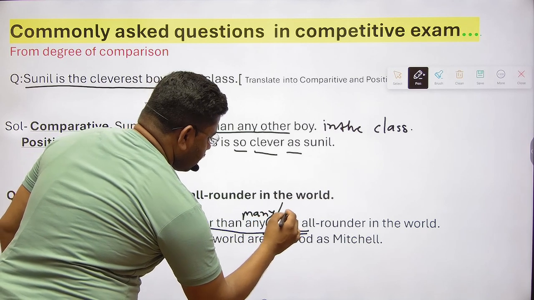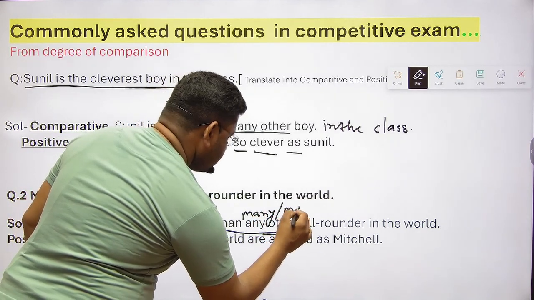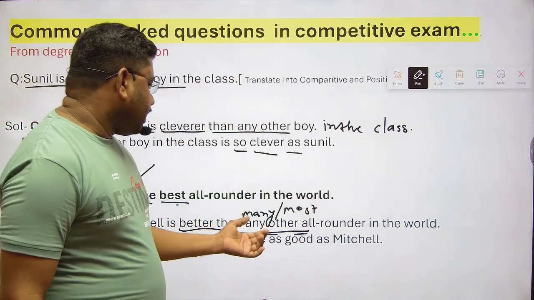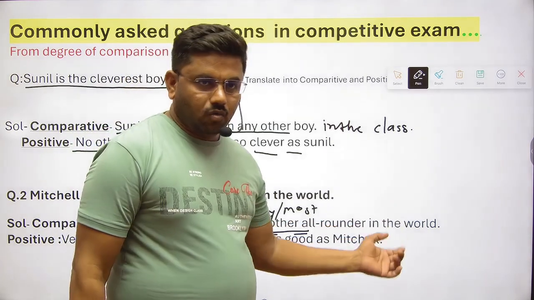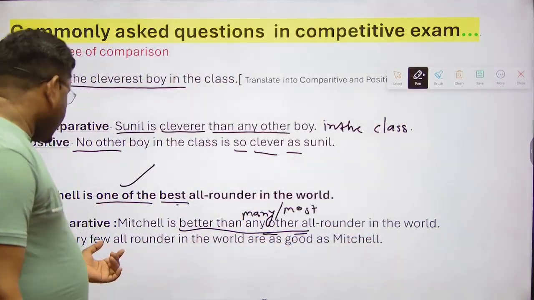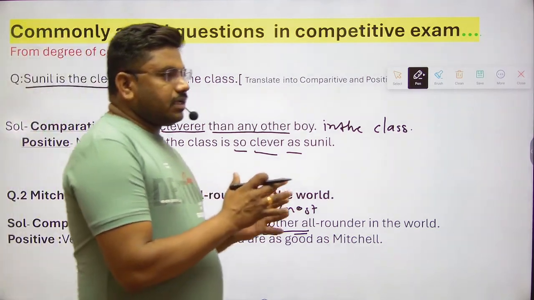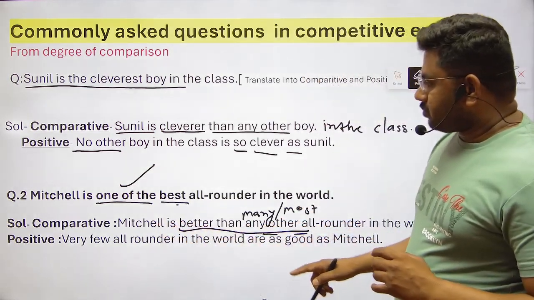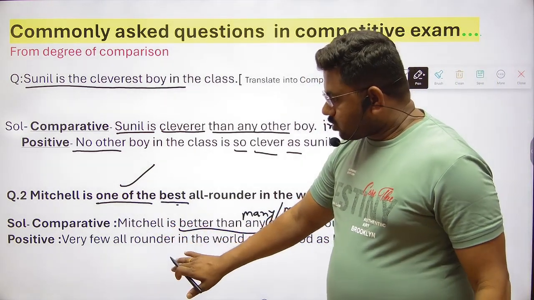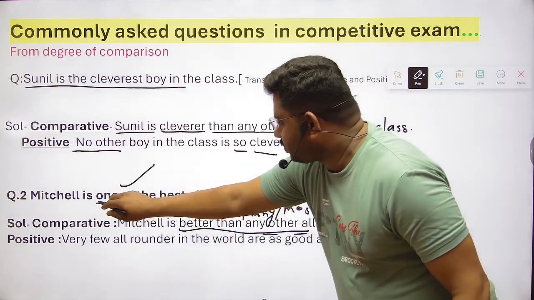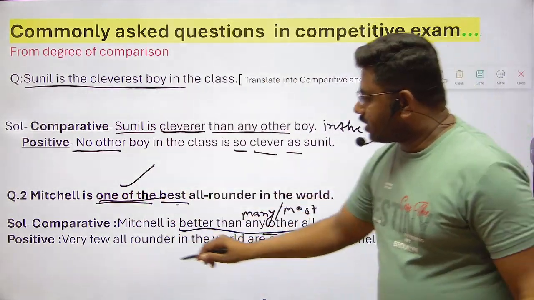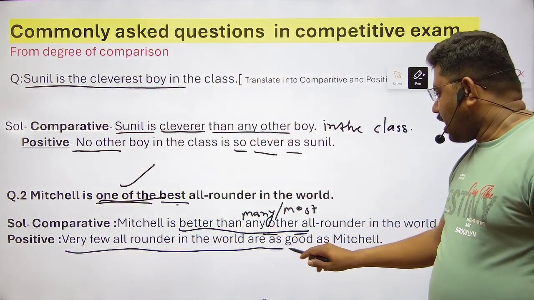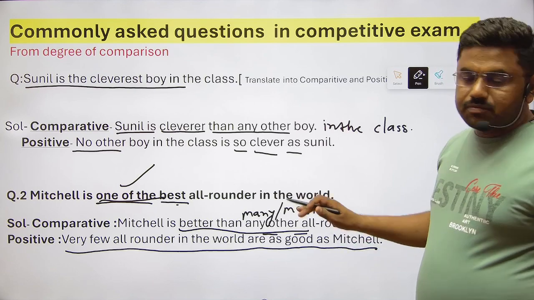Mitchell is better than many other all-rounders in the world, and we can change the sentence in this manner also. And one more thing, the same superlative sentence we have to change into the positive. If the words "one of the" are there, then we have to start with "very few": very few all-rounders in the world are as good as Mitchell. In this manner we can change.